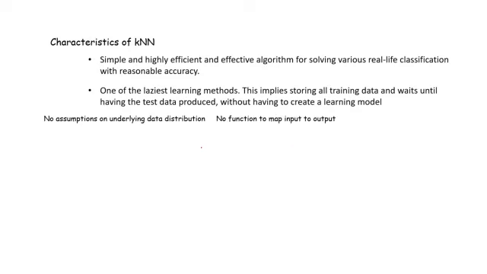And number two is, it does not formulate any function to map the input to output. And this is also the reason why KNN is also known as a non-parametric algorithm. This is for these two reasons. Just note it down, because you might get asked in your interview why KNN is known as a non-parametric algorithm.